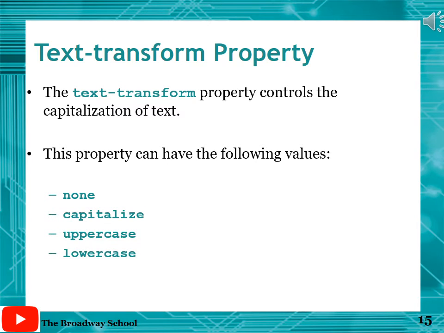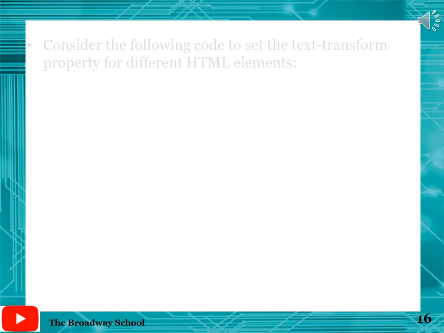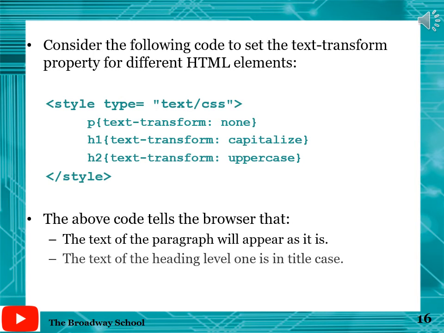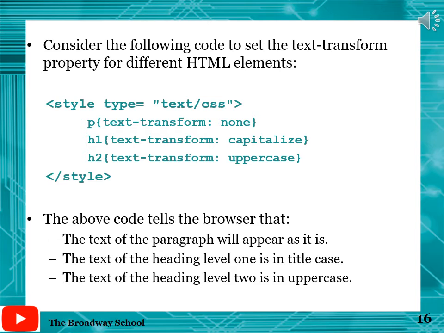Text transform property. The text transform property controls the capitalization of text. This property can have the following values: none, capitalize, uppercase, lowercase. Consider the following code to set the text transform property for different HTML elements.